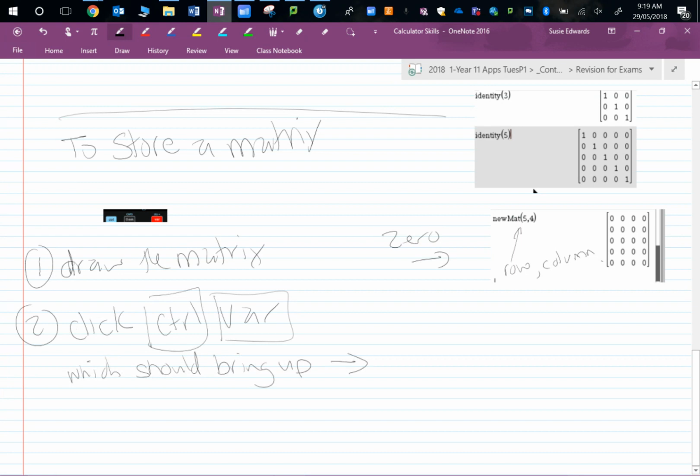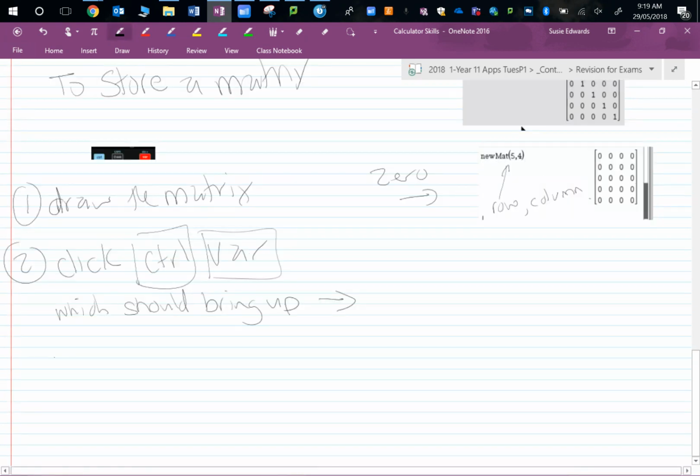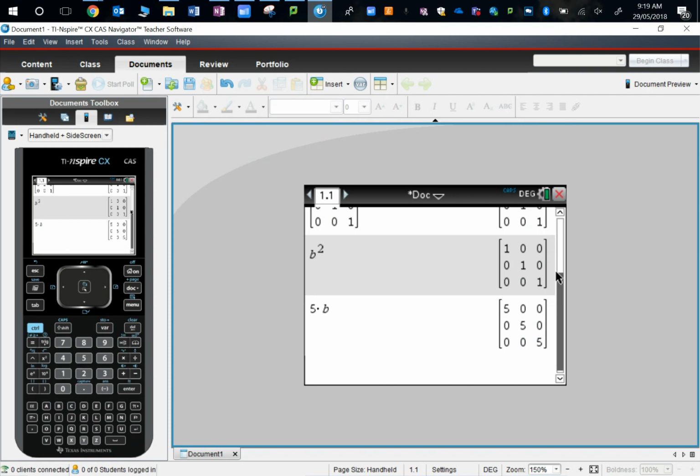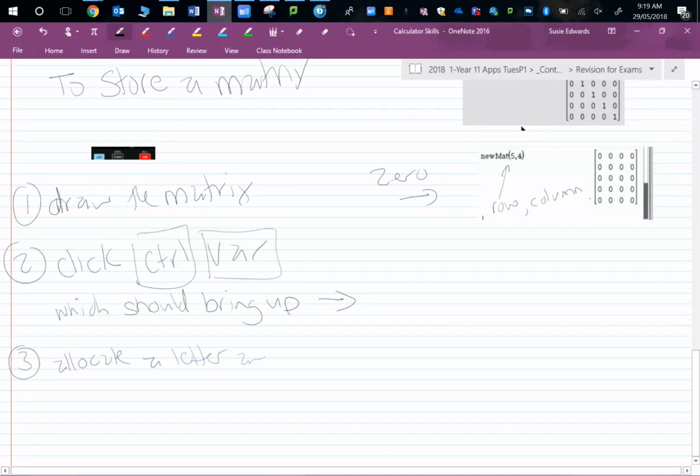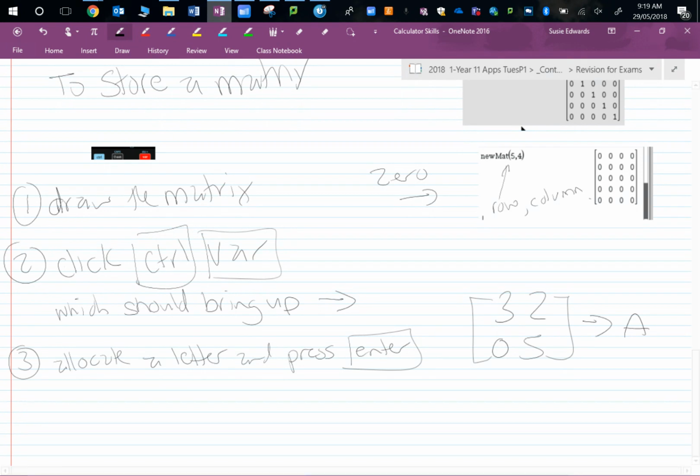Allocate a letter and press enter. Okay, so what you should end up with is a matrix with an arrow and A, and then from then on, whenever you use A, that's what's going to come up. Okay?